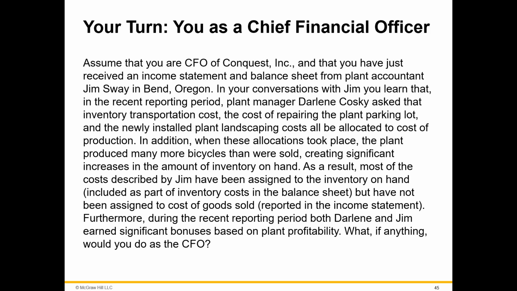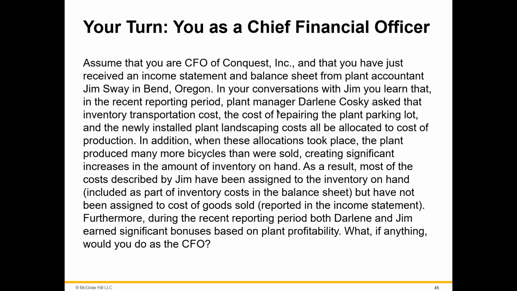Well, you want to make sure that these are product costs and not period costs. So you're going to look really carefully, even though it's plant landscaping, did that have anything to do with manufacturing? We do have a cost of repairing, but that wouldn't be manufacturing costs, to repair the plant parking lot.